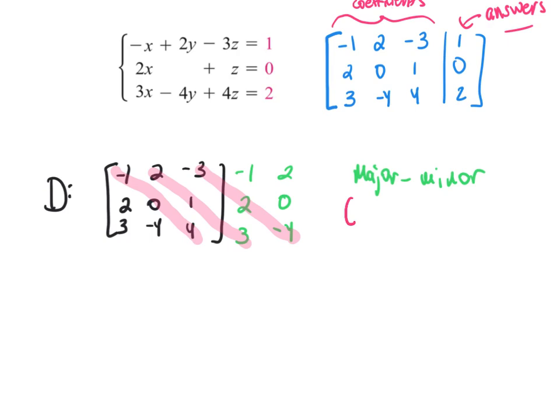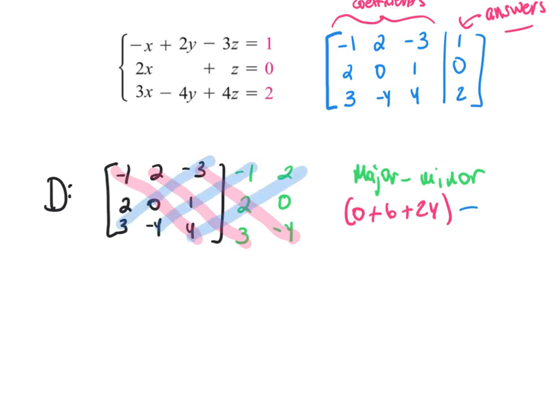So what's negative 1 times 0 times 4? 0, all right? Then we have 2 times 1 times 3. 6. Then we have negative 3 times 2 times negative 4. Positive 24, okay? Minus 0.